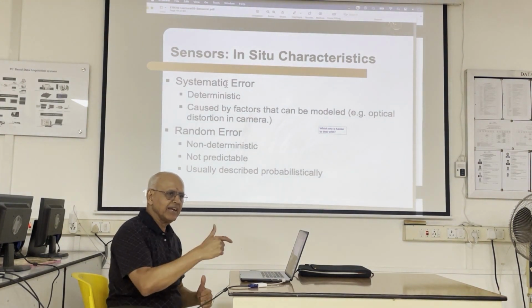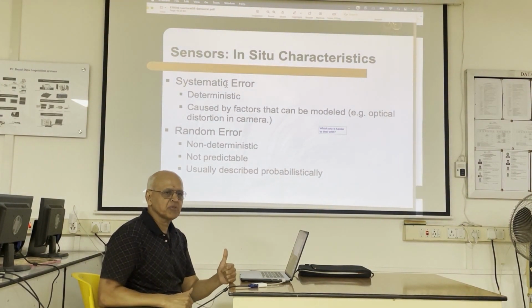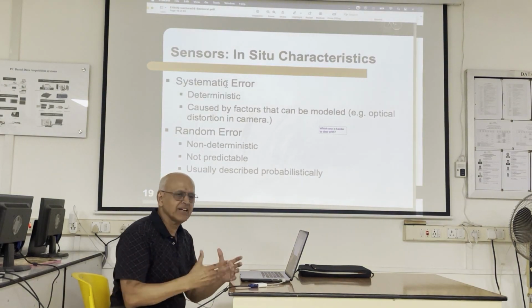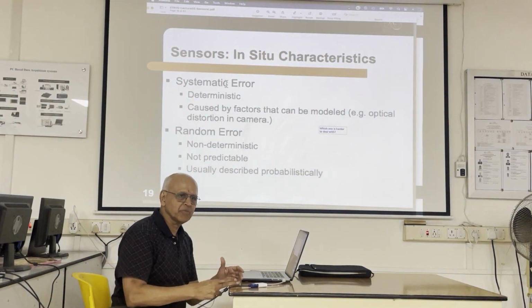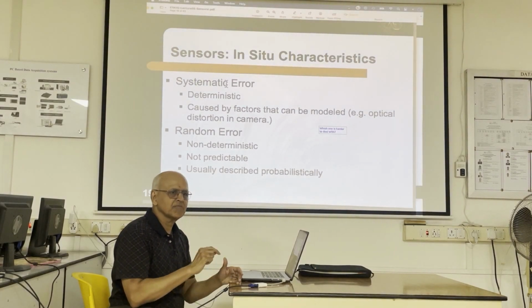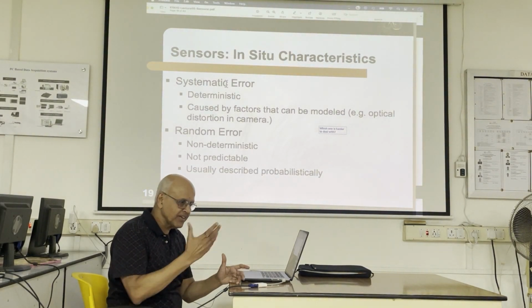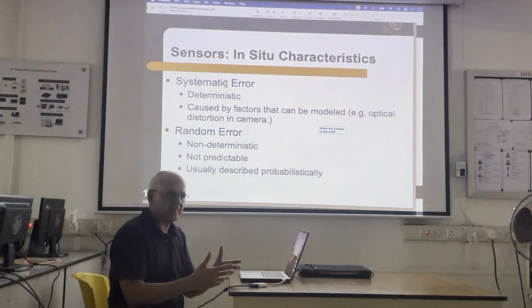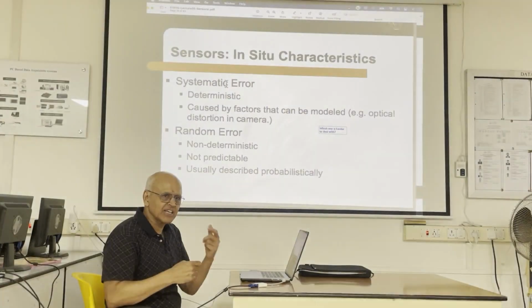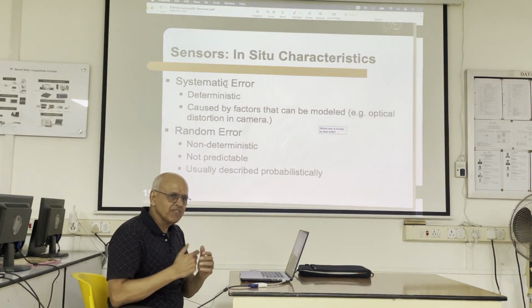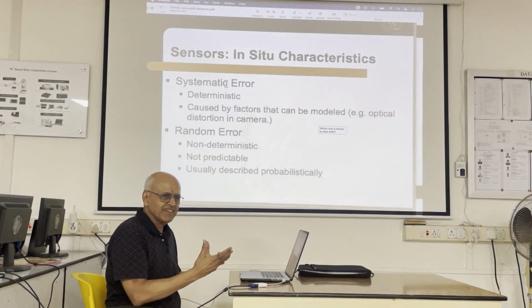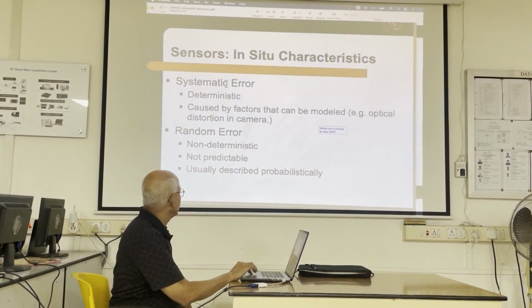So early morning and late evening, you will have problems with image processing. So random errors are those that creep up sometimes and you can't even recreate the situation, you can't reproduce them. And therefore they are the ones that are most difficult to deal with because you can't even recreate them. So how are you going to fix them, or you might not be able to fix them, but you may want to take evasive action. You might want to avoid looking into the sun, for instance. So random errors are the toughest for you to handle.